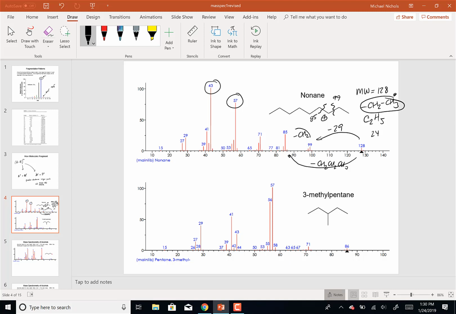So if you think about it, if I cut it in half, probably between 4 and 5 carbons, there's not much difference in stability of the carbocation, so that's going to make those 2 peaks the most abundant. So there's also some statistics involved here. Molecules like to kind of be cut in half. Because when you cut them in half, no matter which way you fragment them, you get nearly the same carbocation.